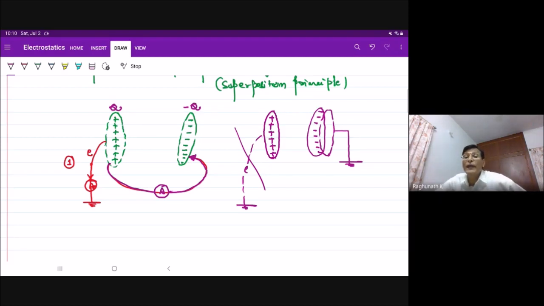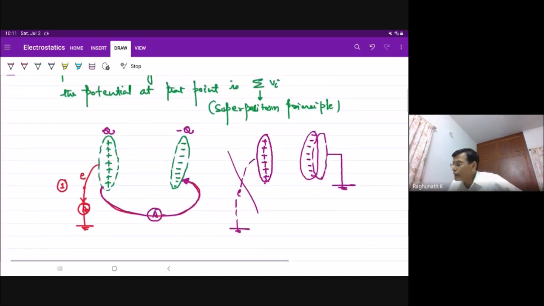Charging the object by induction. The positive charge on the first conductor induces negative charge on the surface nearer to it, positive charge on the surface away from it. If you connect it to the earth, even if you remove that particular connection now, that negative charge will stay. This is called charging by induction.